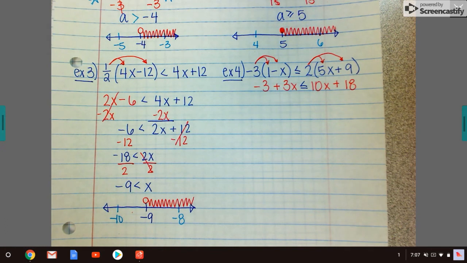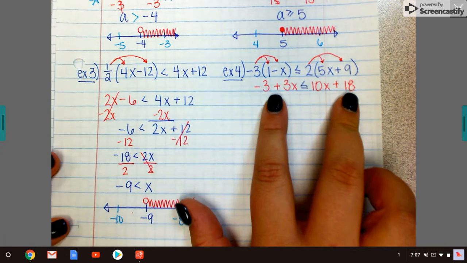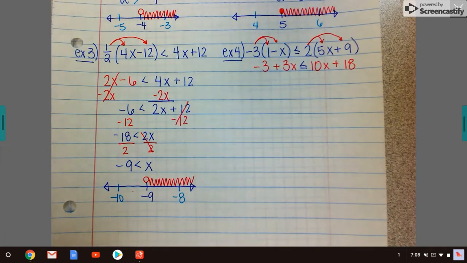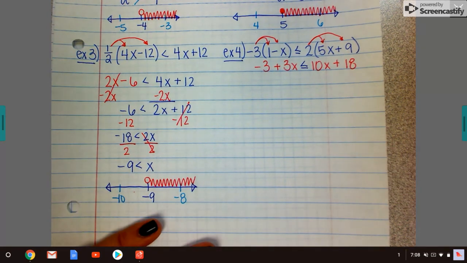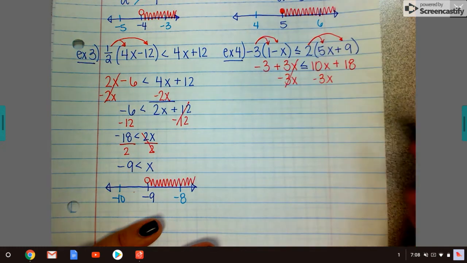Now I can get all my variables to the same side. Notice where I'm at now with variables and numbers on the same side on each side is similar to where I was at number 1. So let's get all our variables to the same side. Let's move our 3x over so all the x's live on the right now.